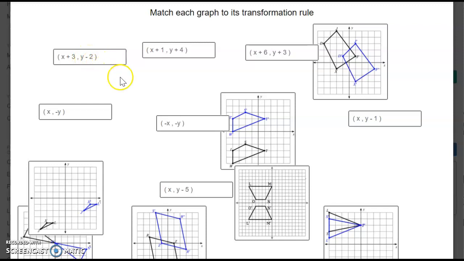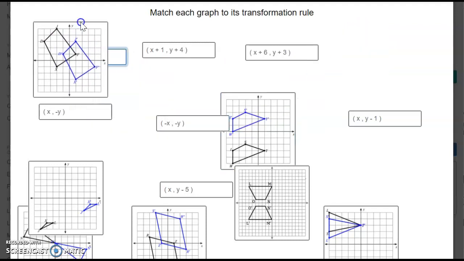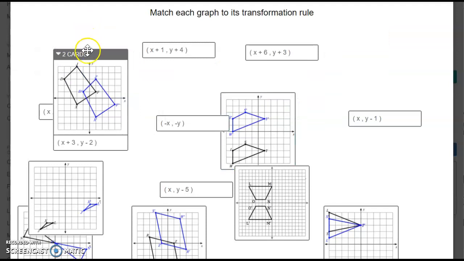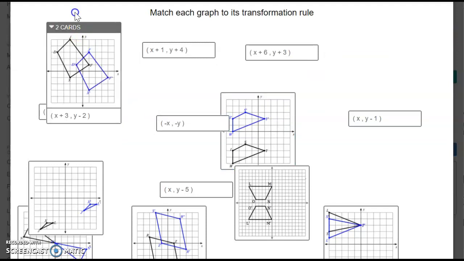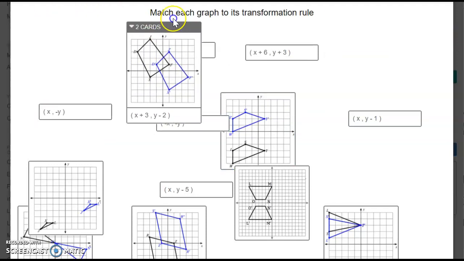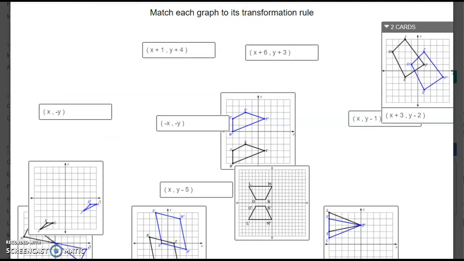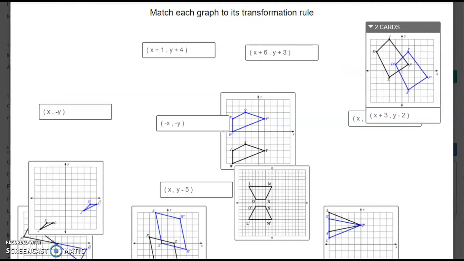The original is the black, and the blue is the transformed. So I would say this goes with this, and I will move it over here so that it's not blocking anything.